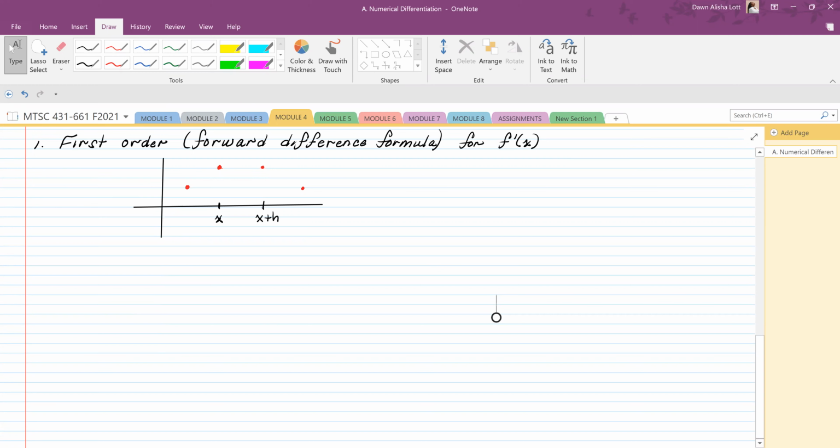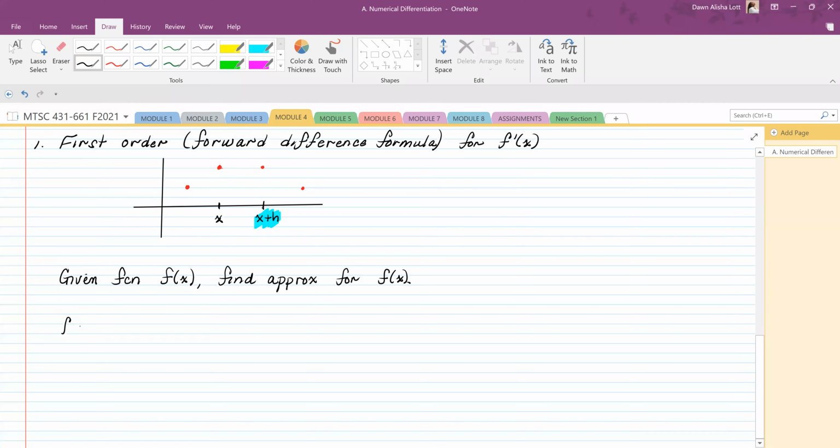Okay. So given some function f of x, I want to find an approximation for the derivative. So I can only use those 2 points. And for this term, x plus h, I am going to develop a Taylor series approximation about that point.